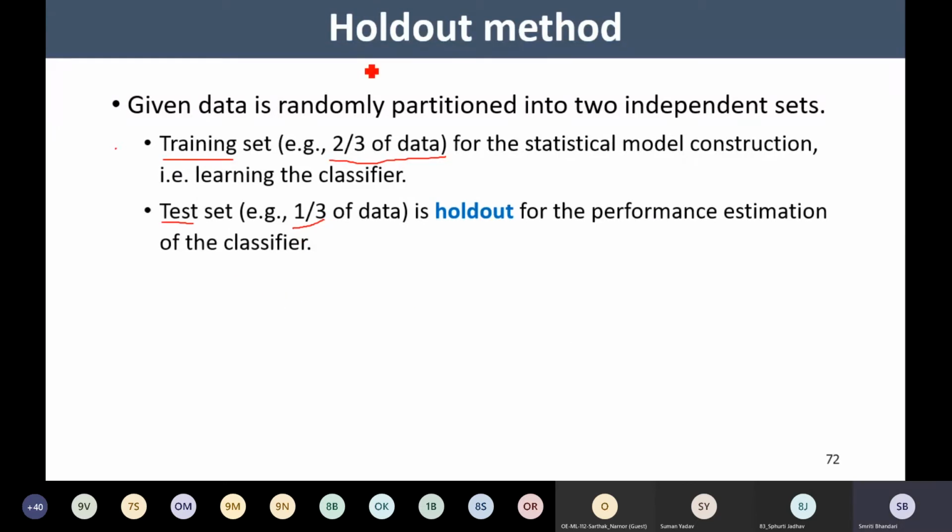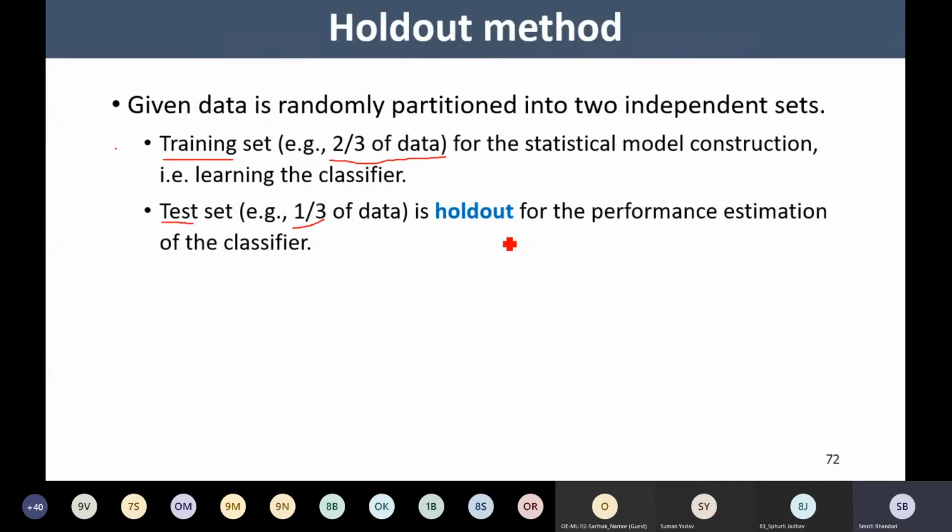Right? So why is this method called the holdout method? The test set is held out for the performance estimation of the algorithm. So 1/3 of the data is set aside. It is not being used for training.